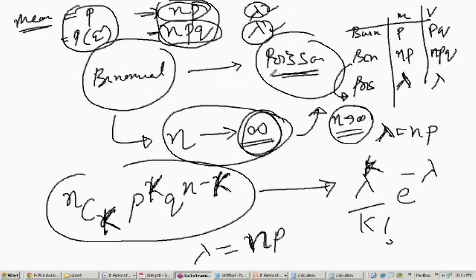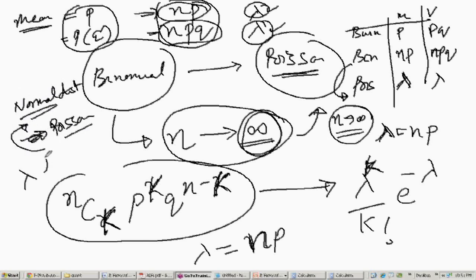Many times people say that a normal distribution can also approximate the Poisson distribution. We will cover the normal distribution in the next class, but a Poisson distribution will become a normal distribution when lambda is large, when the mean is large.